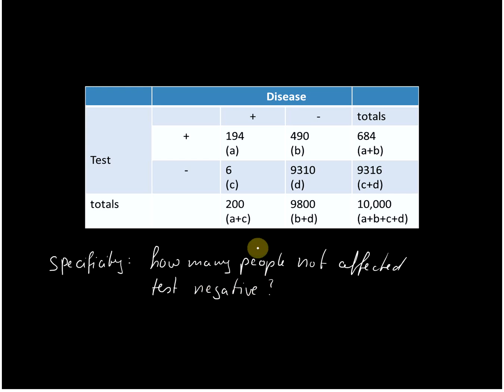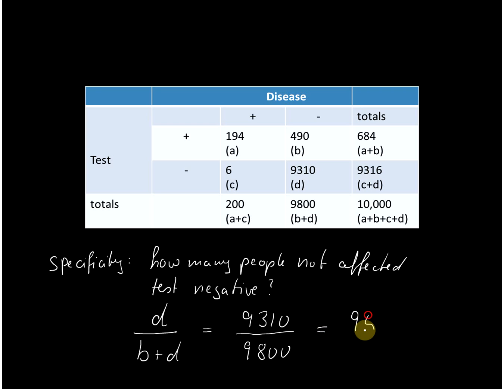And in this case, we can say it is D divided by B plus D. So this would be 9,310 people who test negative and don't have the disease, divided by 9,800. And if we do that, this gives us a specificity of 95%.